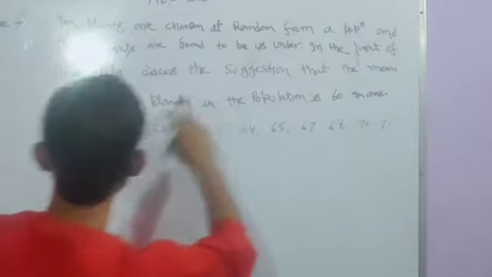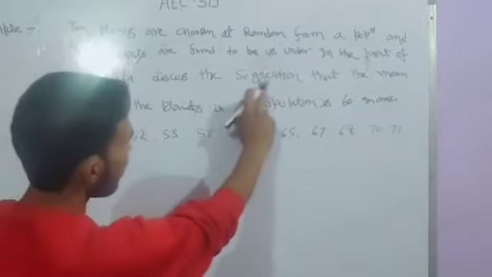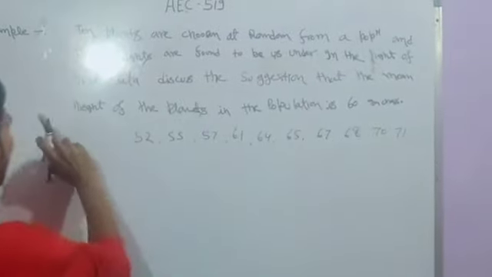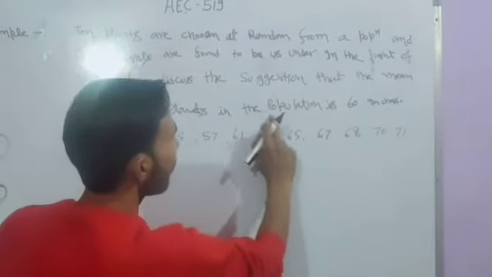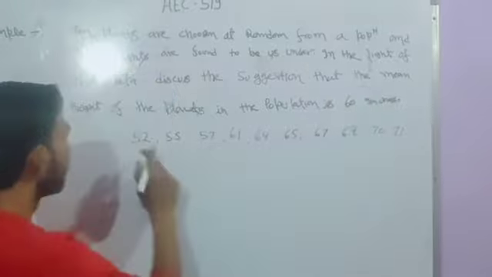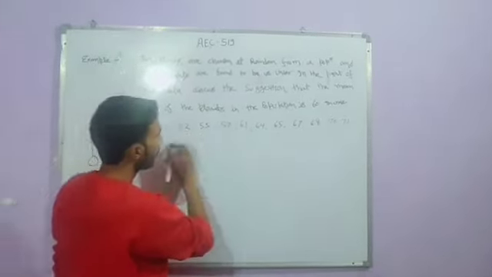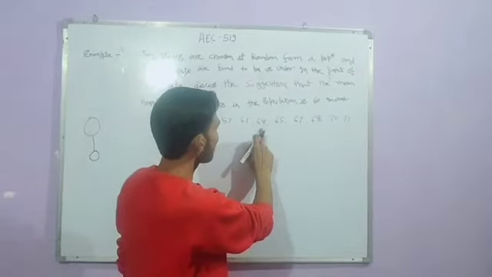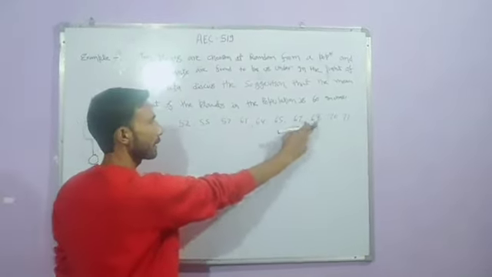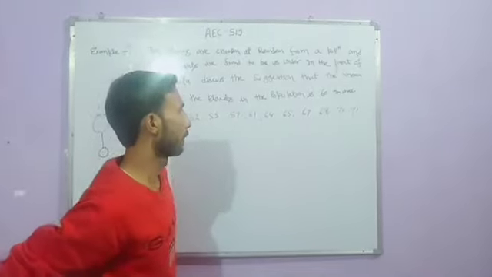In the light of these data, discuss the suggestion that the mean height of the plants in the population is 60 inches. The data: 52, 55, 57, 61, 64, 65, 67, 68, 70 and 71.